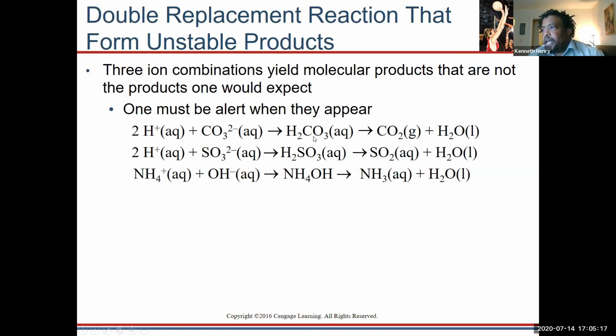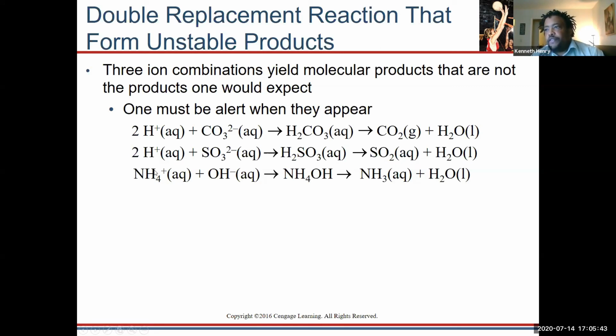Basically, carbonic acid, initially it forms that acid, but then it breaks down to carbon dioxide and water. Here, sulfuric. If you have these ions, they'll form a temporary sulfurous acid, which will be broken down to sulfur dioxide and water.